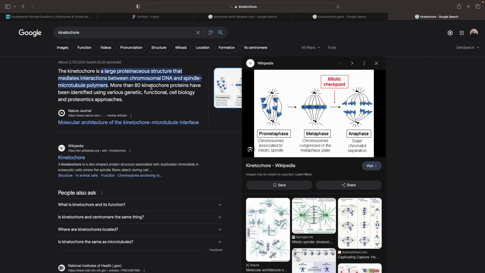More than 80 kinetochore proteins have been identified using various genetic, functional, cell biology, and proteomics approaches.